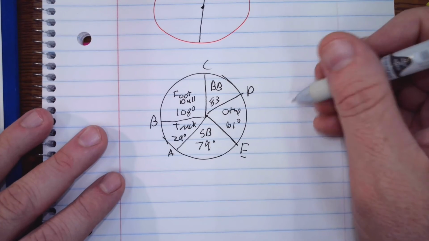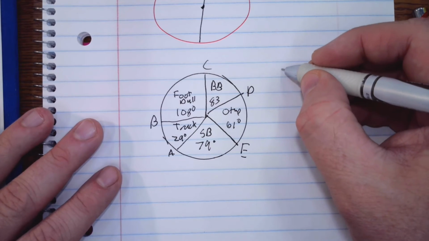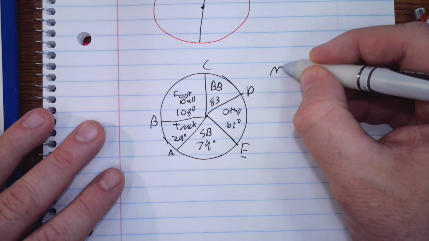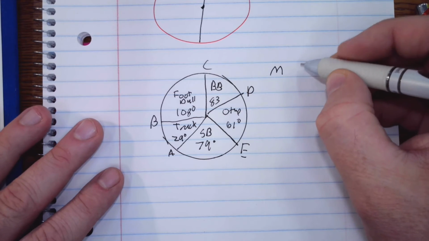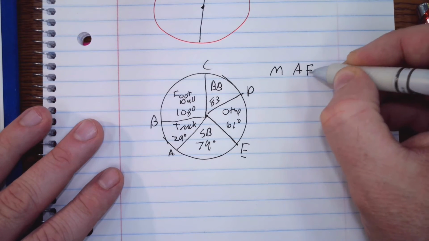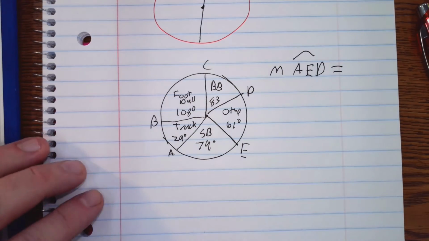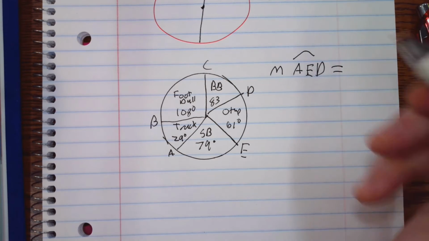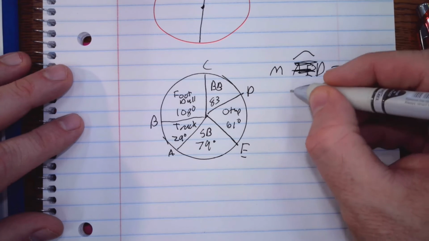So if I had a pie chart like this, what do you think the measure of that's going to equal? I did that in the wrong order. That is incorrect.